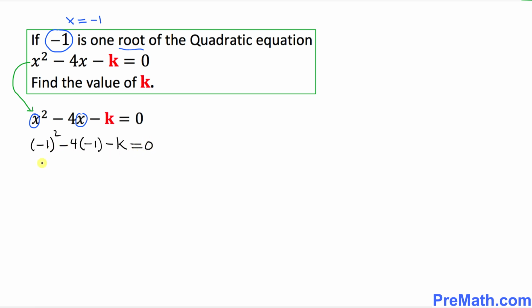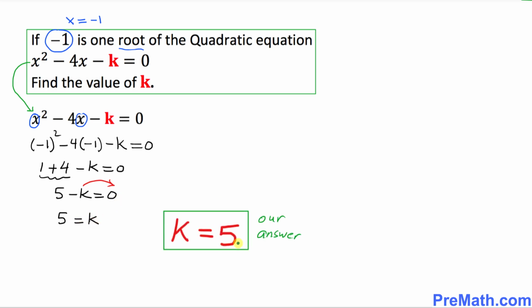Negative 1 squared is 1, and negative 4 times negative 1 is positive 4, minus k equals 0. 1 plus 4 makes 5, minus k equals 0. Since we want to isolate k, if I move k to the other side, I get 5 equals k. Thus k equals 5 is our answer.